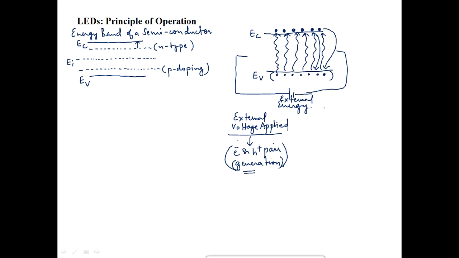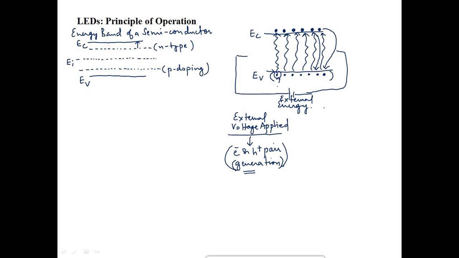Please understand, initially there is generation of electron and hole pairs. How? Whenever an electron jumps from one place to another, in its initial place it creates a vacancy. That vacancy is itself a hole. So every generation process results in an electron and hole pair, and every recombination process results in the electron returning to its original vacant state.